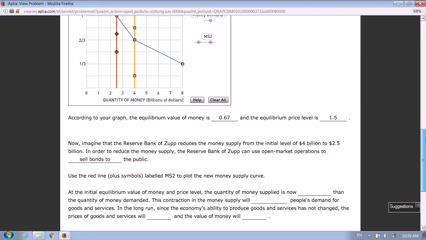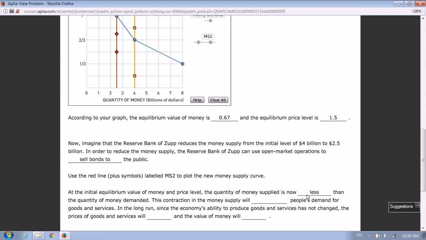At the initial equivalent value of money and price level, the quantity of money supplied is now less than the quantity of money demanded.